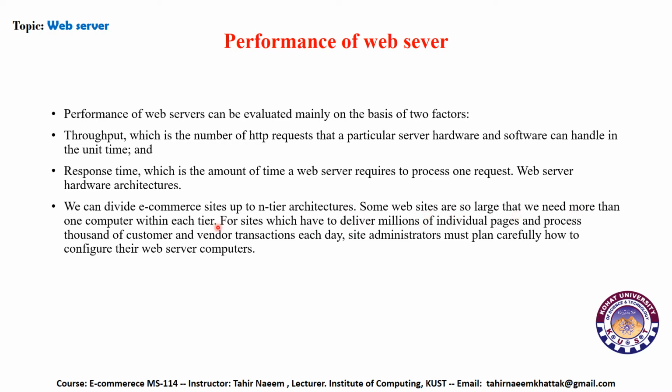Some sites like YouTube, Facebook, or eBay have so many users that different computers are required for each tier. For a site which has to deliver millions of individual pages and process thousands of customer and vendor transactions each day, site administration must plan carefully how to configure their web server computers.